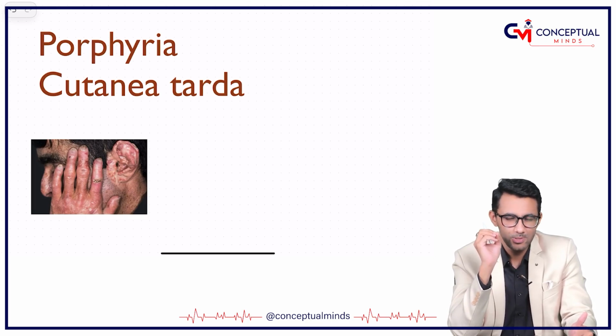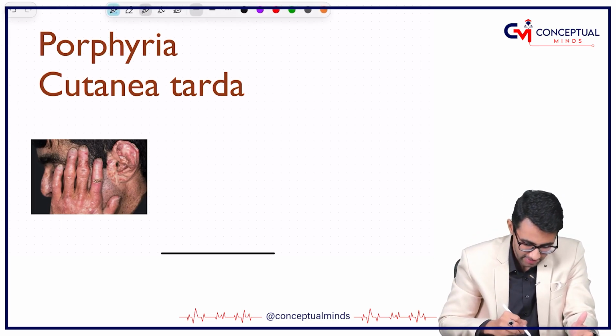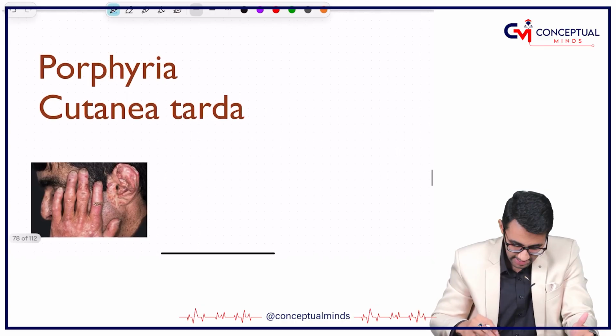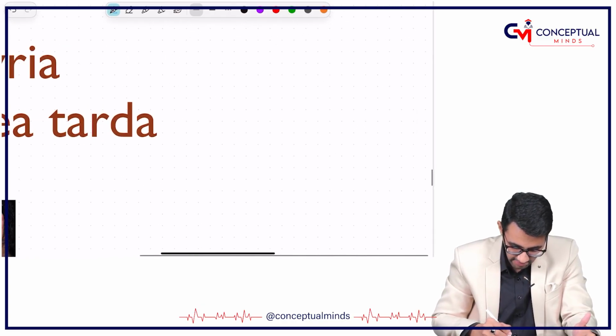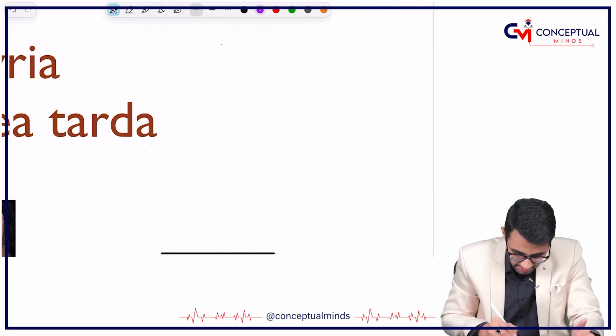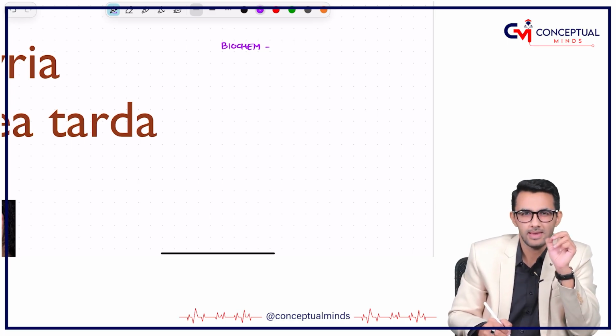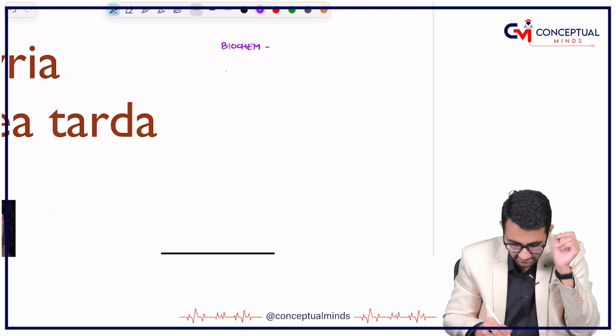So first, to get your orientation right, how I want you to think about this chapter is, first of all, we have this biochemistry link. In this, there's going to be one enzyme deficiency.